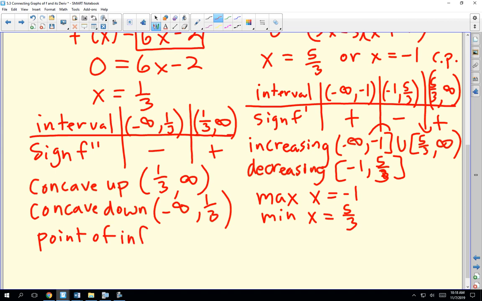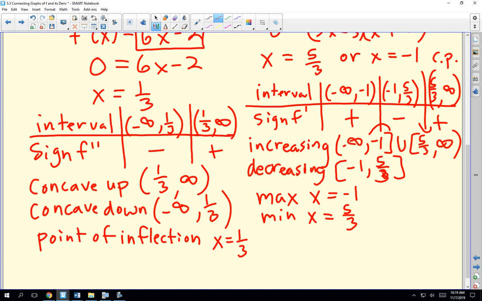There's only a point of inflection if there is a change in sign in the concavity. It's analogous to this. There's only a max or min if there is a change in sign from one column to the next. Okay? It's the same thing here, and there is. There's a change. So point of inflection at x equals 1/3.